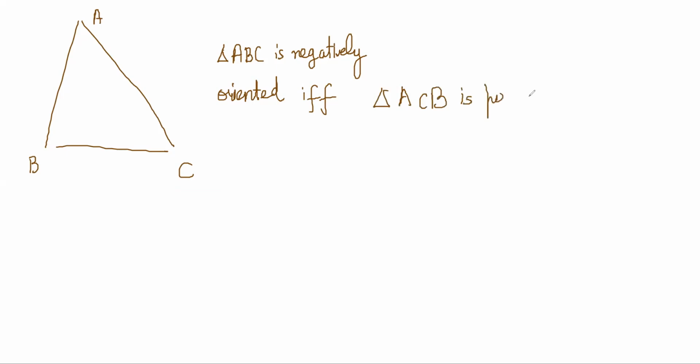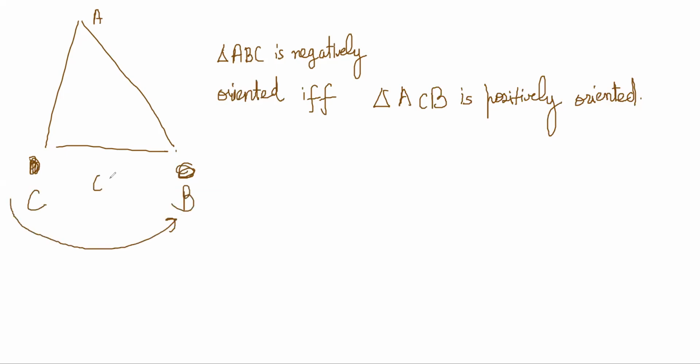Basically the order of the naming is wrong, right? ACB is positively oriented means if you rotate C about A by 60 degrees, you should get B. So basically, this was the situation, and if you rotated C like this by 60 degrees, you got B about A. Then triangle ABC is called negatively oriented, right?